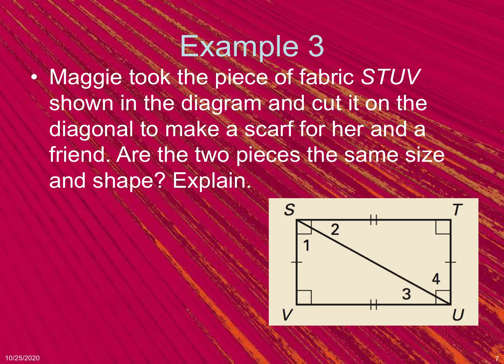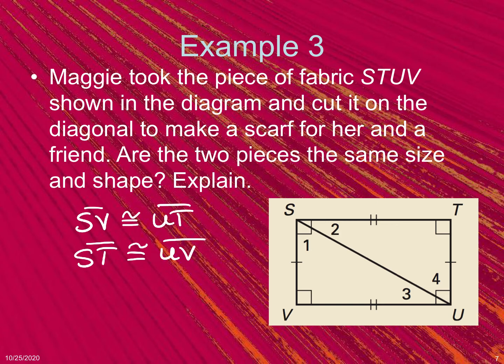So I can state that side SV is congruent to TU. Actually, I'll do UT. And again, the order doesn't matter on the side lengths. And then I can also show that ST, because it has the 2 marking, is congruent to UV.